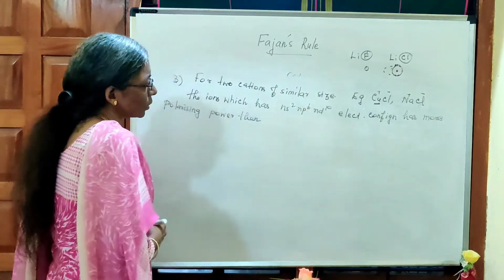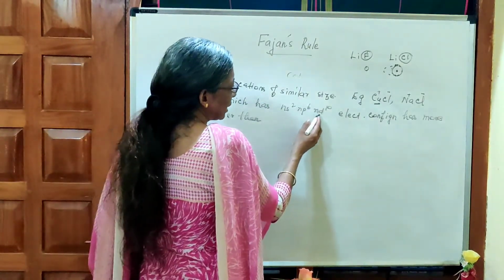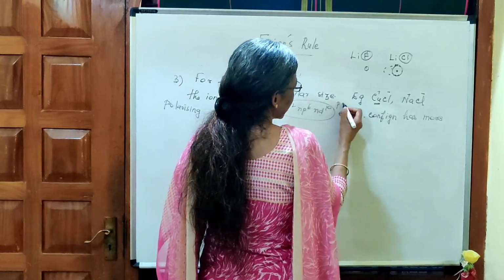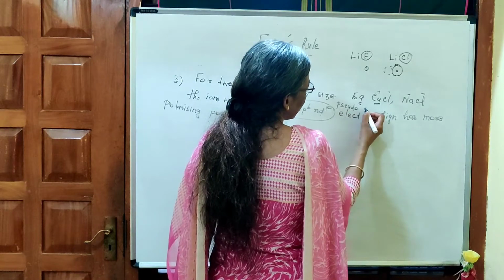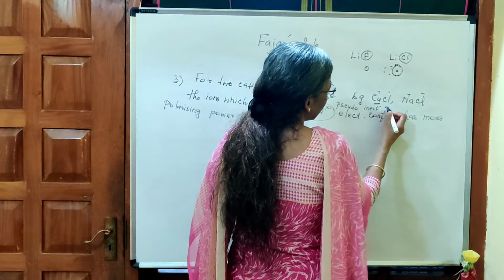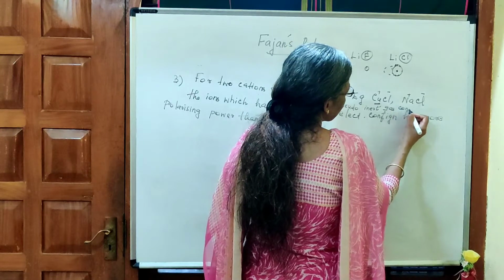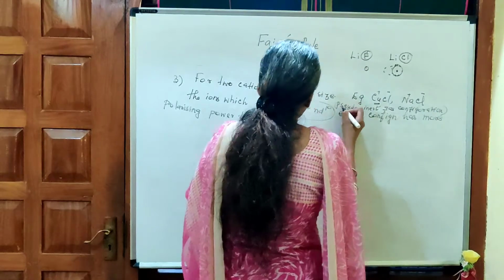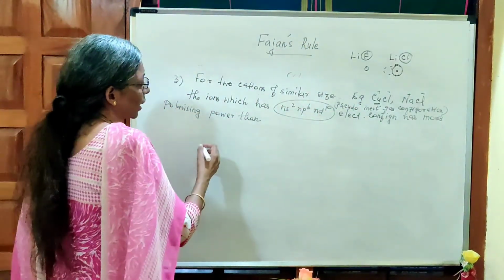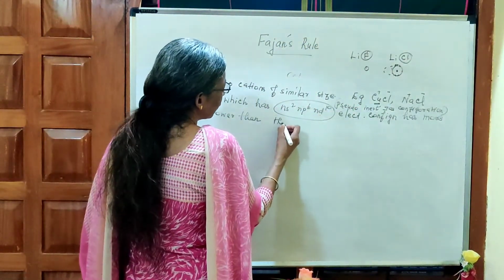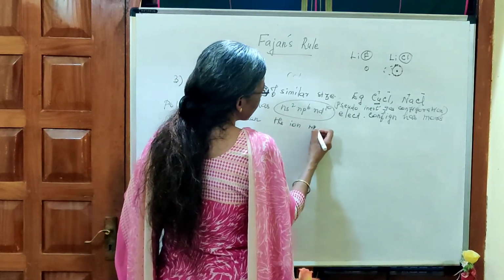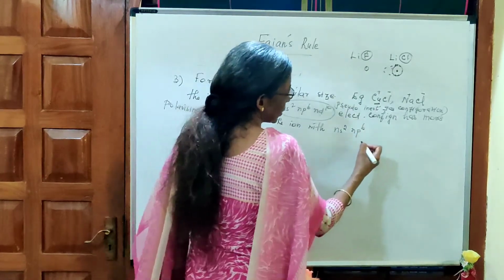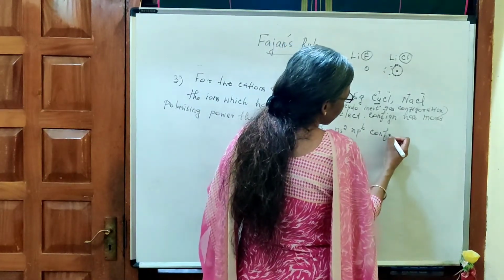than the ions with... So ns2, np6, nd10, that we can call pseudo inert gas configuration. Inert gas configuration has less polarizing power than the ion with ns2, np6 configuration.